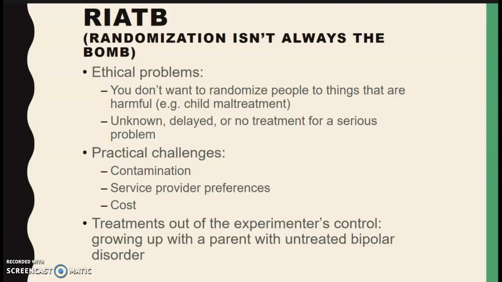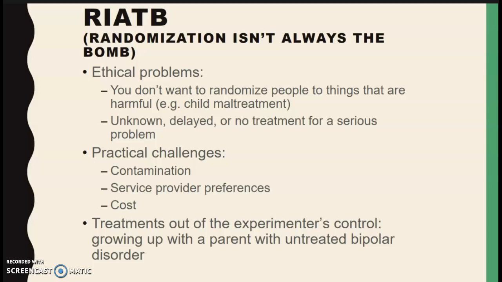The person receiving the intervention is likely going to behave differently and in such a way that it will contaminate our results from our control group. Sometimes service providers have preferences that we cannot change, and sometimes there's cost prohibitive things to consider. We might not be able to provide all of our clients this $9,000 intervention, even though it might be promising. So we can't always randomize there.